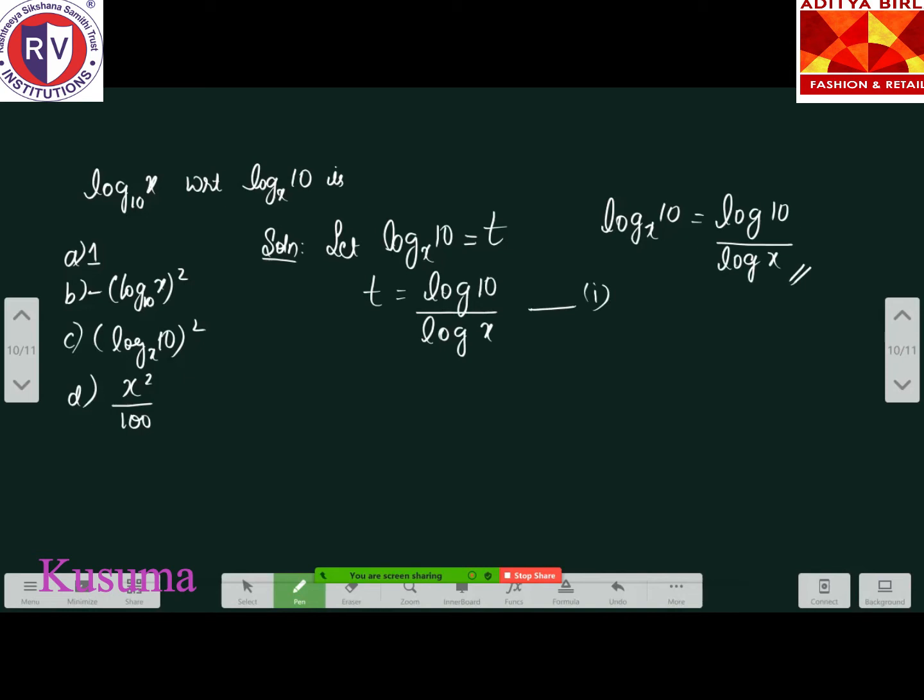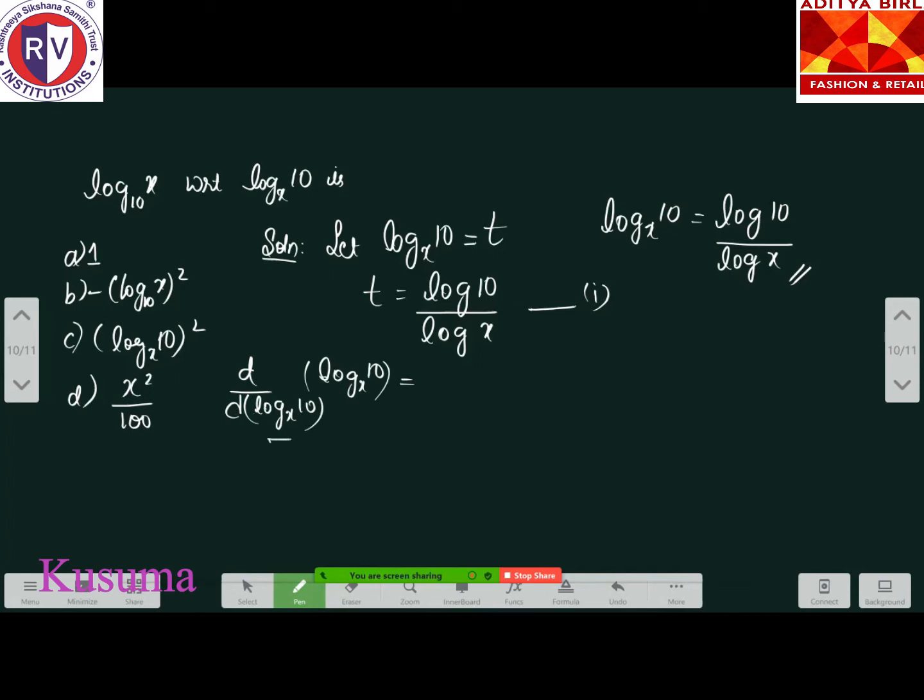Now, what we have to do is find out d by d of log x to base 10 of the function log 10 to base x. This is what is asked, right? We have to differentiate log x to base 10 with respect to log 10 to base x.